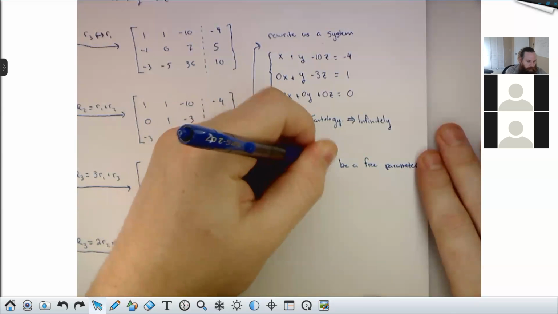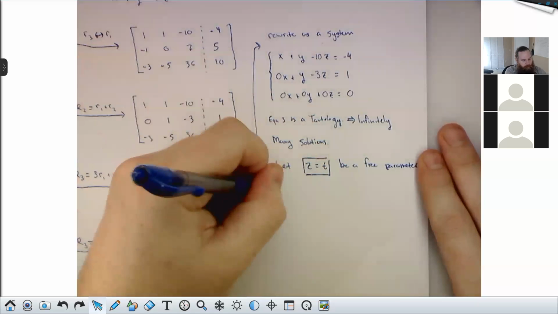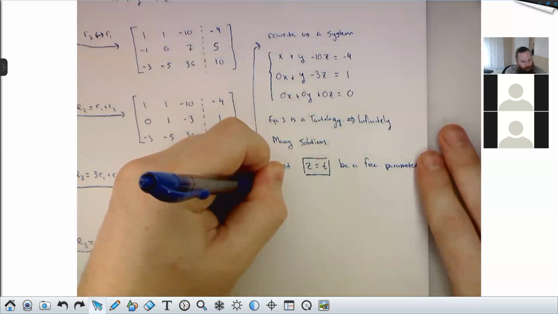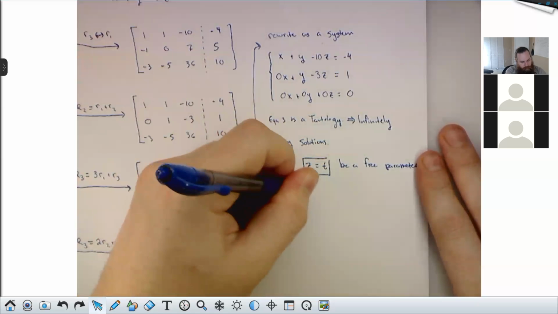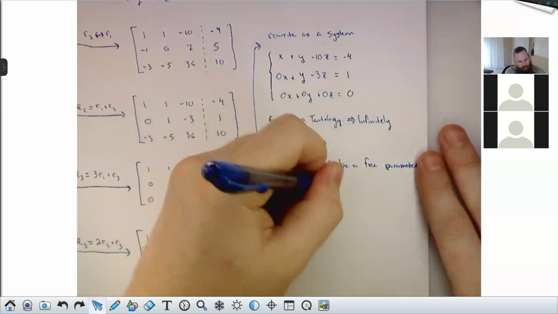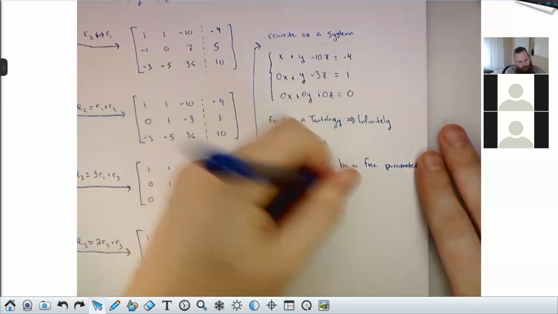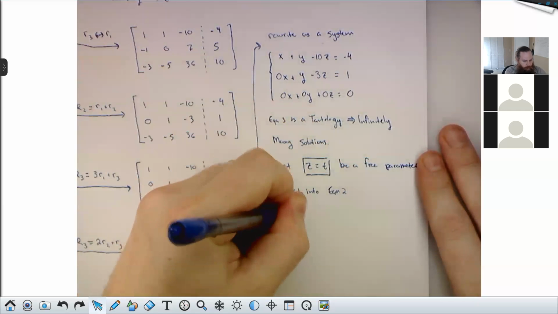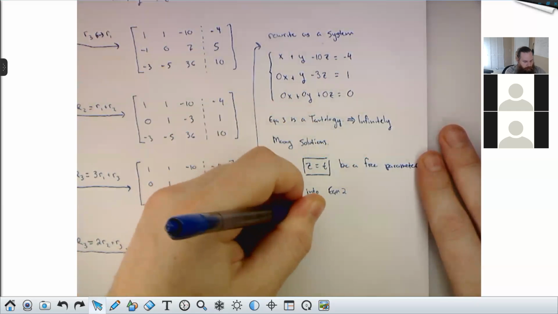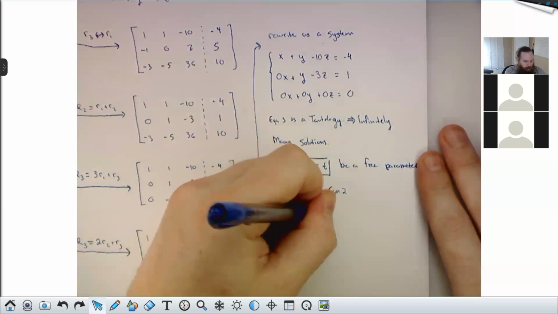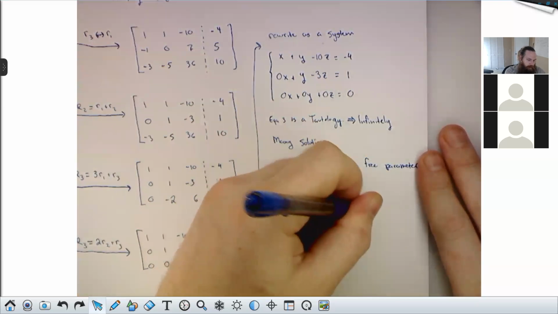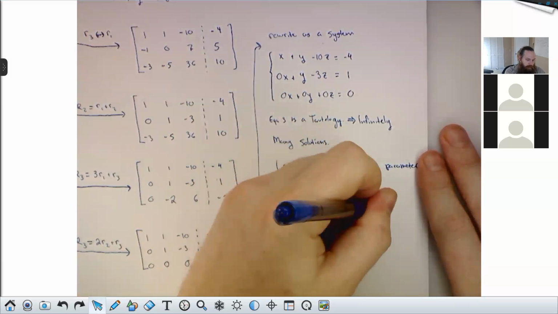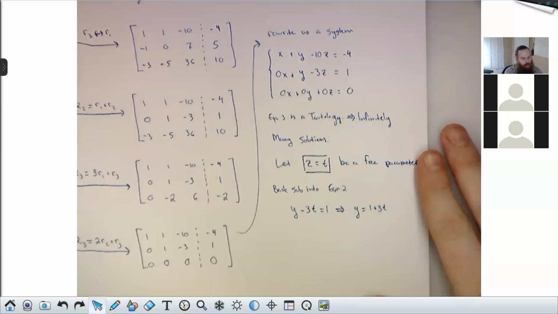It's allowed to be whatever number you want. Then back subbing in equation 2, you get y minus 3t equals 1, which means y is equal to 1 plus 3t.